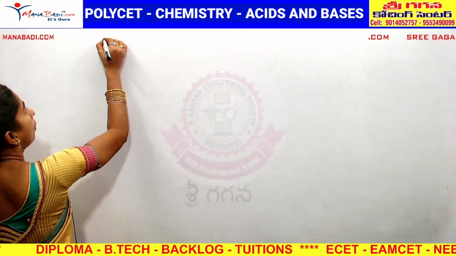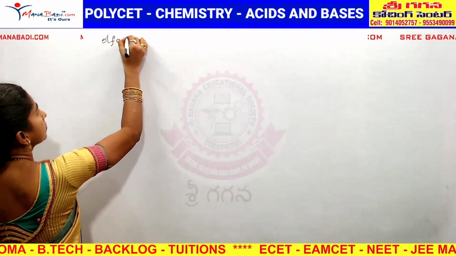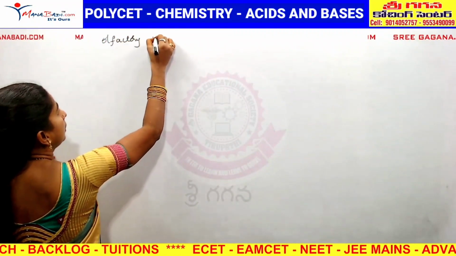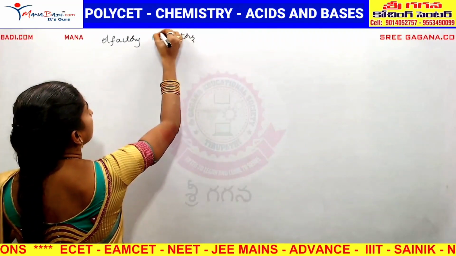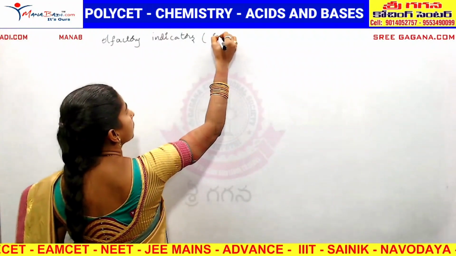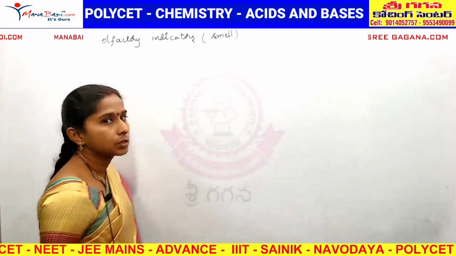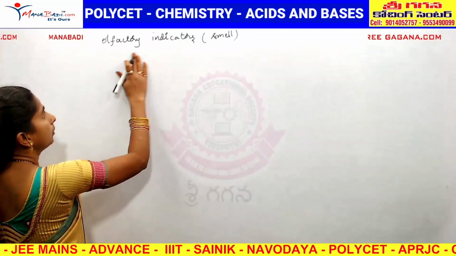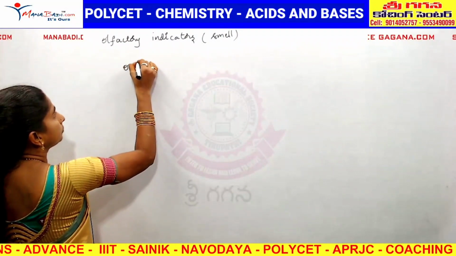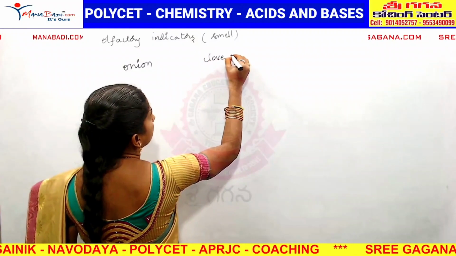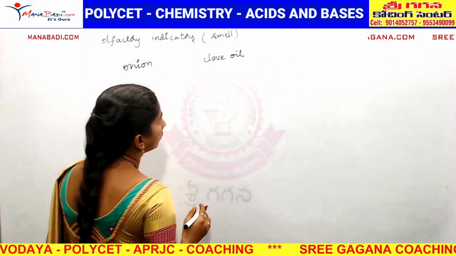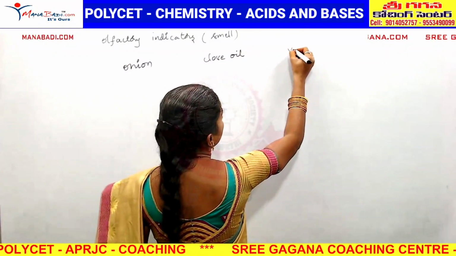After that, olfactory indicators. I already told you olfactory indicators are based on smell. For example, onion, clove oil, and vanilla essence.